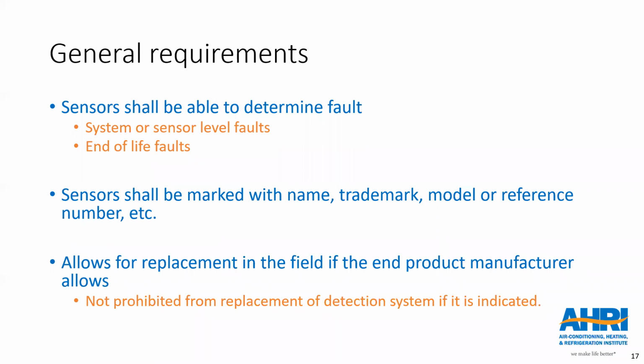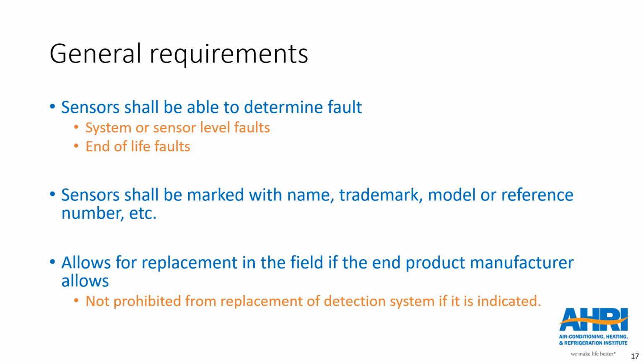For sensors which have reached their service limit, the system needs to be able to provide an indication that replacement is required. And it's important to note that with any of these faults, including end of life, if one of the faults is observed, the requirement is that the refrigerant detection system activate or call for that mitigation.